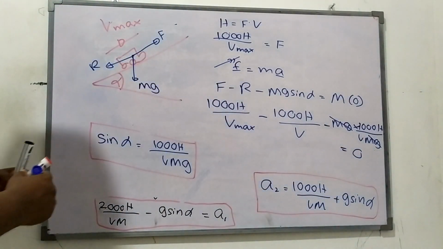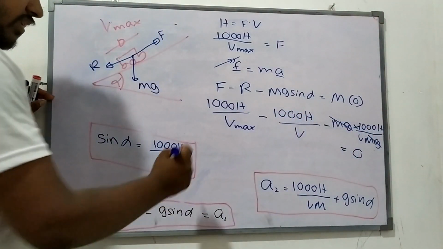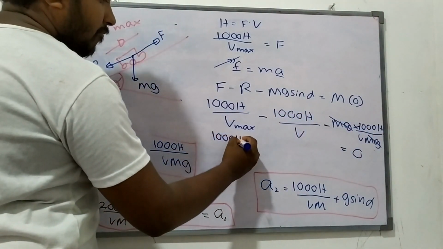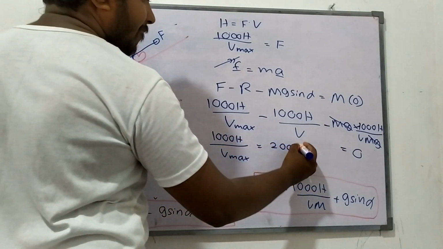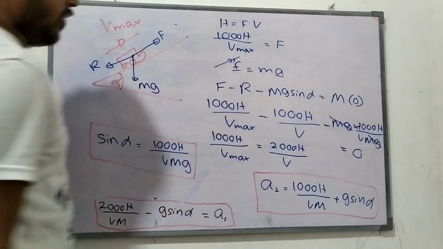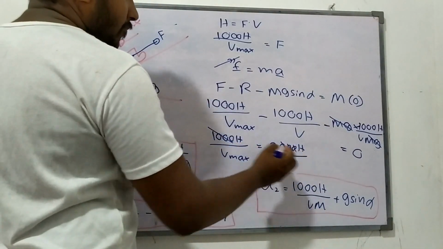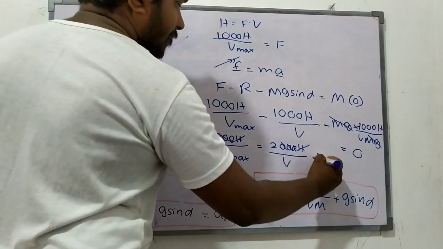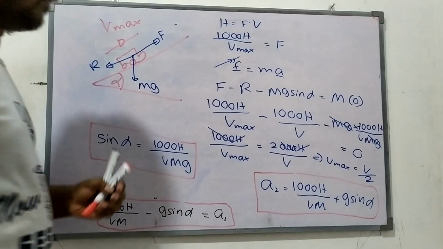Therefore we can see this is 1000H, 1000H, 2000H. V max equal V by 2.